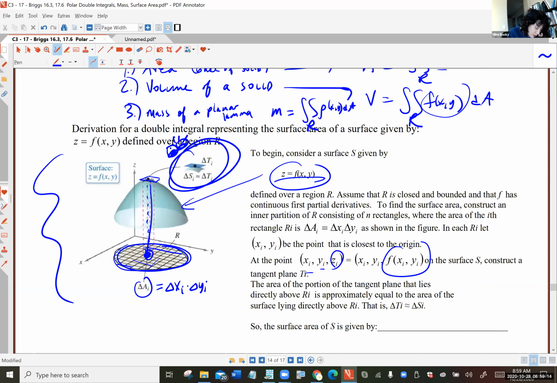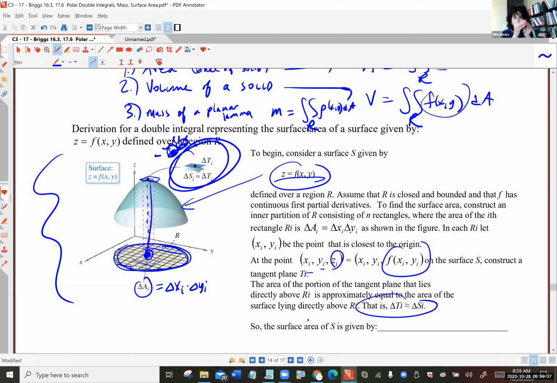That's basically what we're doing: you're taking the curvy greenish surface, which we do not know how to find the surface area of, and we're going to approximate it with the tangent plane instead. We'll call the surface area of the tangent plane delta T sub i.